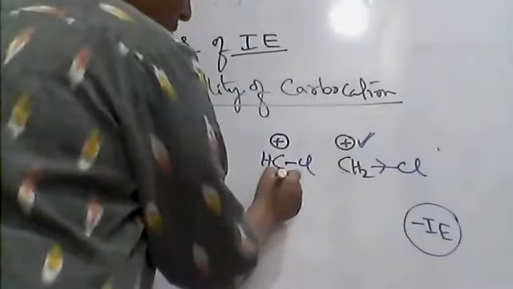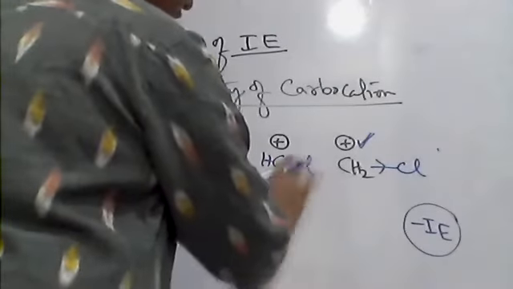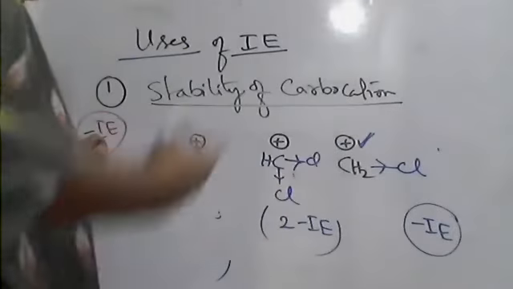What happens from both directions? Both the chlorines withdraw the electron. So what happens here in primary? Say the positive charge is 1 unit. It will become 2 units because of 2 units of minus I effect, because these groups withdraw the electron.